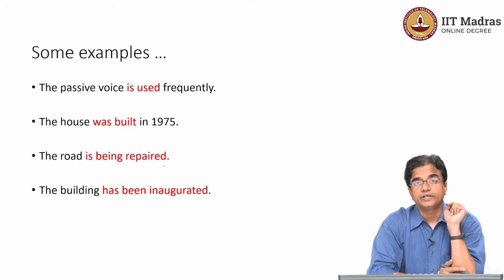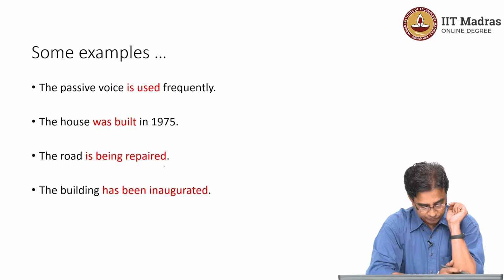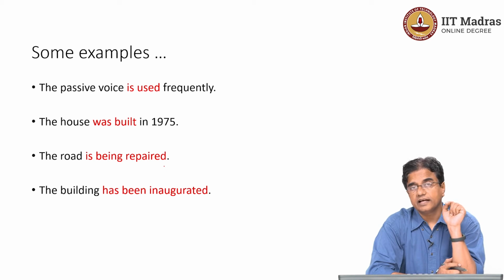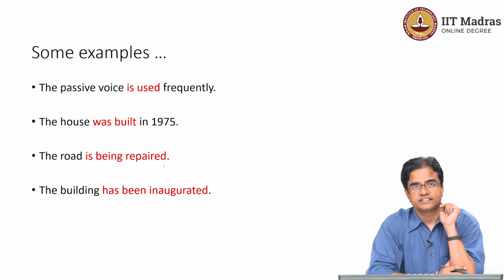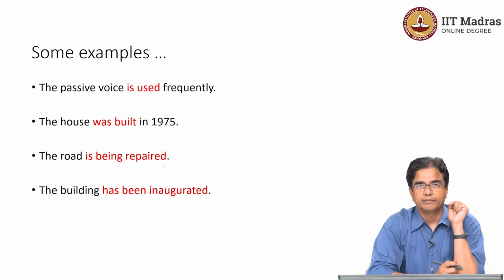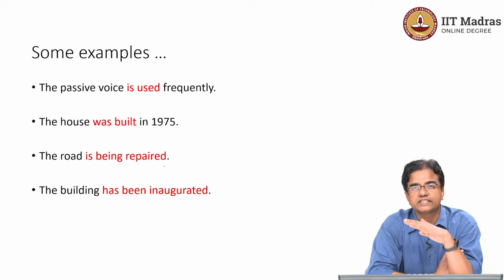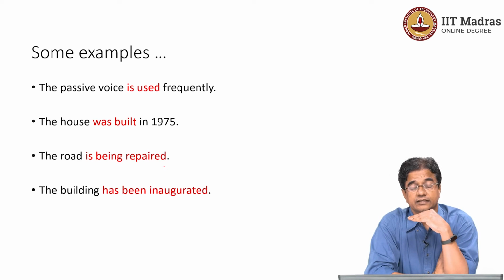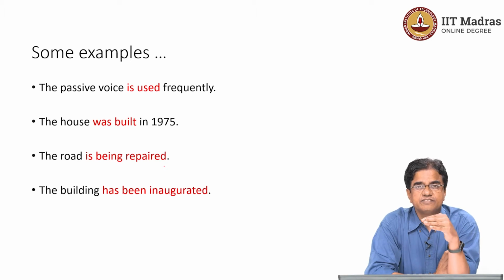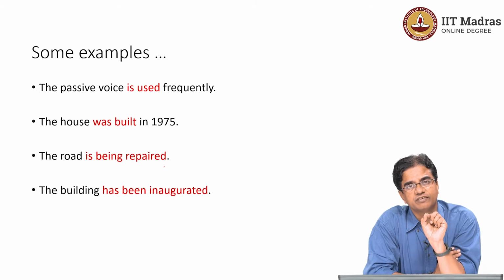But let me tell you right in the beginning, as far as the sentence construction is concerned, active and passive are two different types of sentences. They are two different sentences. There may be some correspondence, there is some connectivity, but it's not like we make one out of the other. That is, it's not like we derive passive from active sentences.